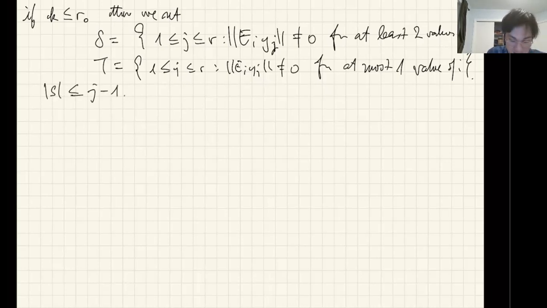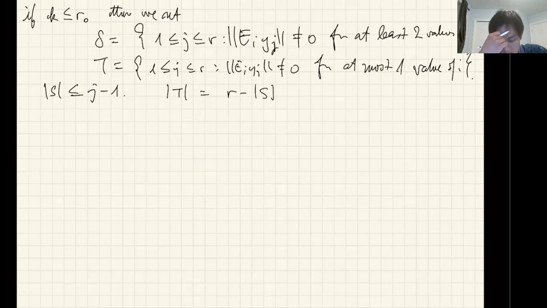Okay, T. So the size of T is equal to R minus the size of S. And so the size of T can be as big as r minus k plus 1. Does that make sense?